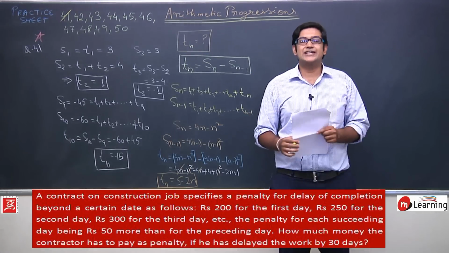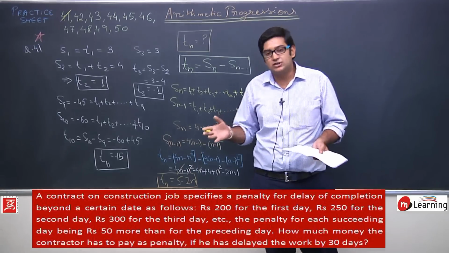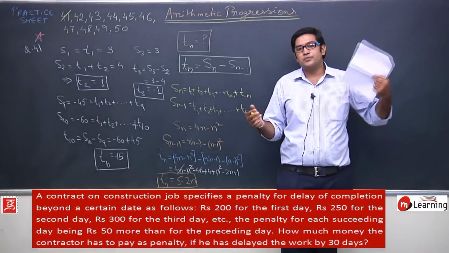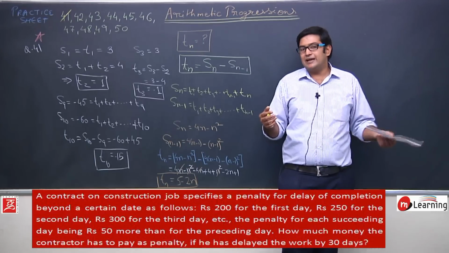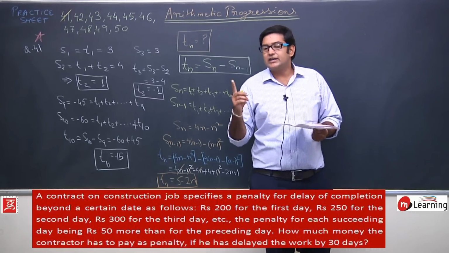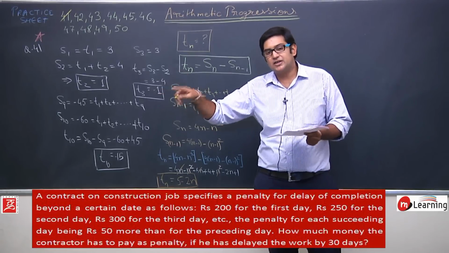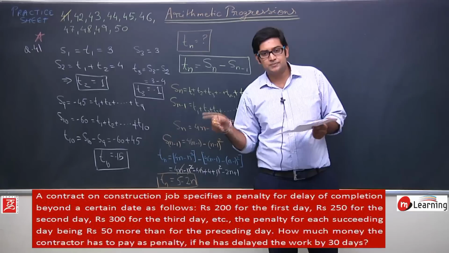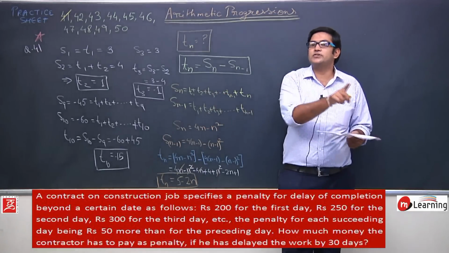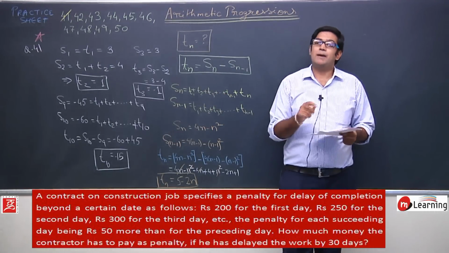For example, if the contractor is getting, let us say, 5,000 rupees in total for doing some work, what will happen if he delays the work for one day? He will be charged rupees 200, and when he is paid, his fees was 5,000 rupees, but 200 rupees will be deducted as a penalty.